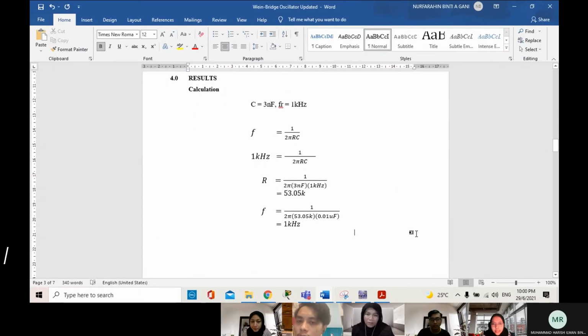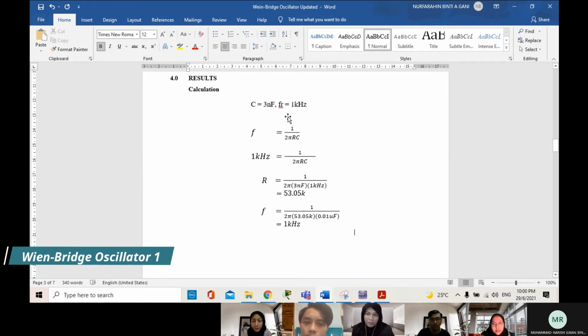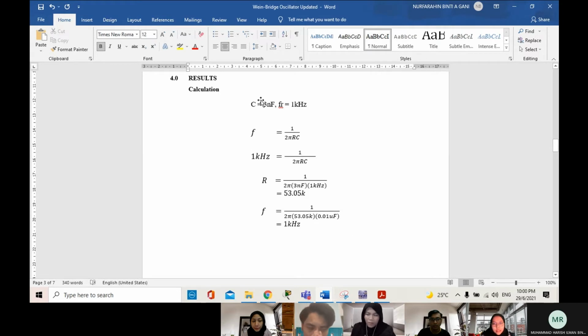Okay, my part is oscillator 1, so the requirement is a resonant frequency of 1 kilohertz, and this is the formula that we use. We assume the capacitor value is 3 nanofarad. The formula for frequency is 1 over 2 pi RC, and then we rearrange to get the value of resistor, and we get 53.05 kilo ohm.